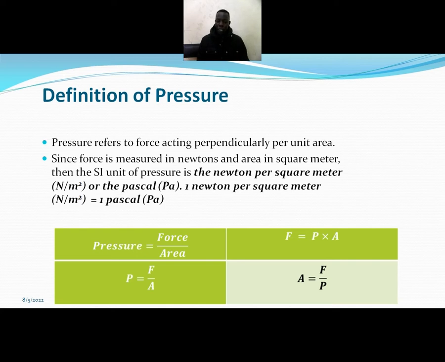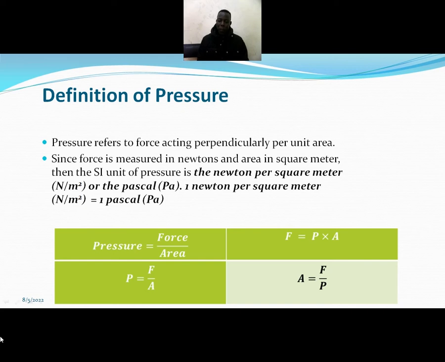So Newton per meter square, as I have just displayed on the board, is the unit for pressure. Also, 1 Newton per meter square is the same as Pascal. Pascal is denoted by Pa. Pascal is the person who worked out this about pressure, and he gave the unit as Pascal or Newton per meter square. Any of the two is correct. So 1 Newton per meter square is the same as 1 Pascal.